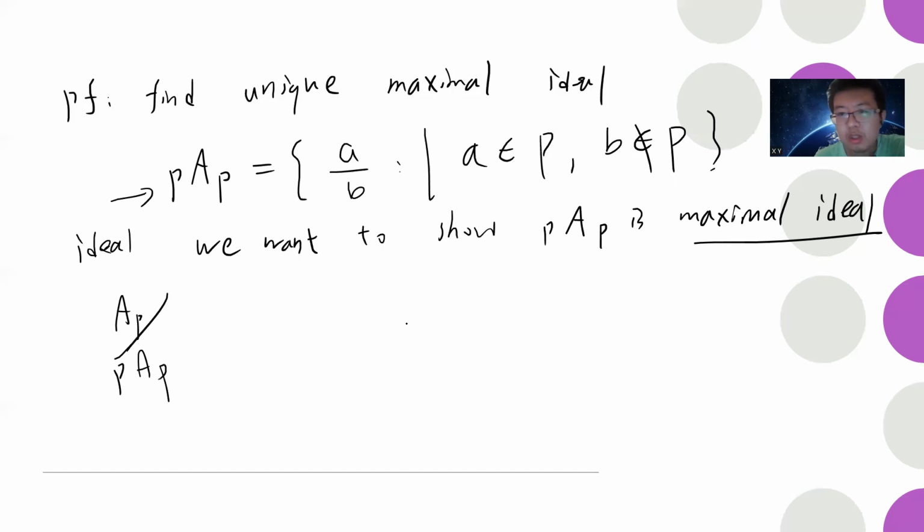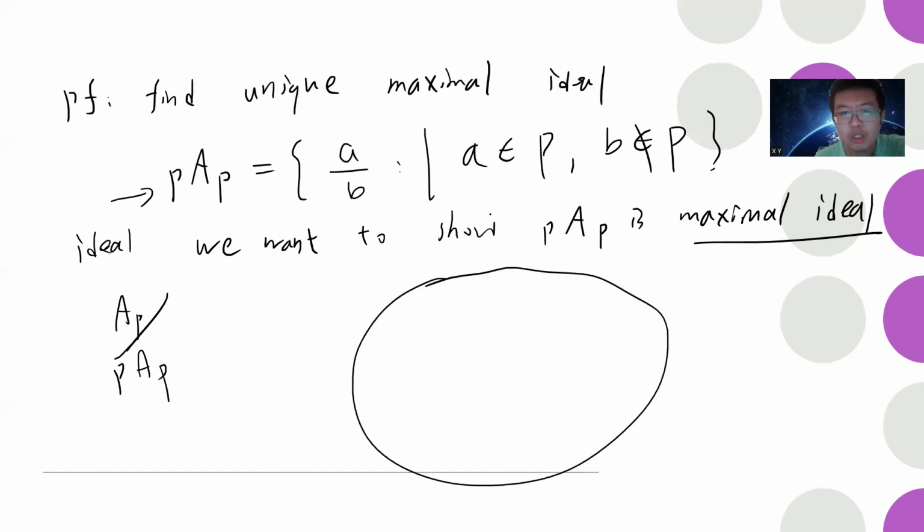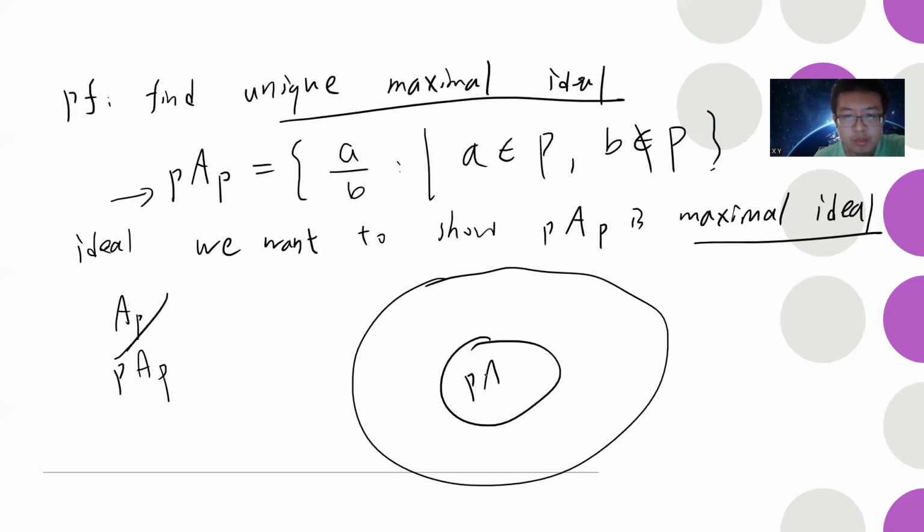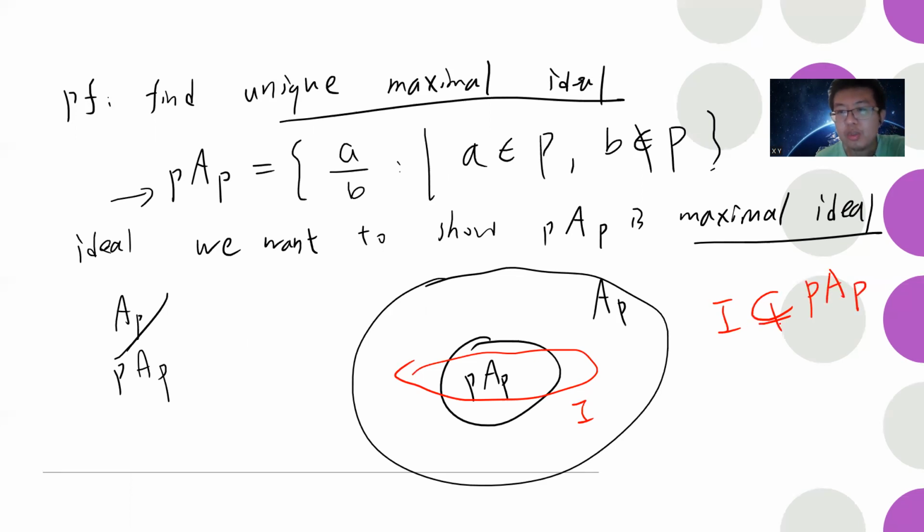But basically, another fact that we can directly prove is a unique maximum ideal is that we start from P A_P inside A_P, and let's say we take some ideal, let's call it I, which is not inside P A_P, and if we can claim that I is the same as the whole ring, then we prove that P A_P must be a maximum ideal.